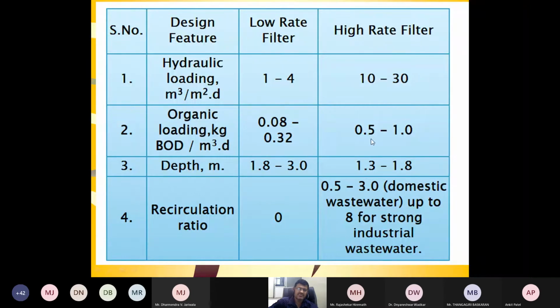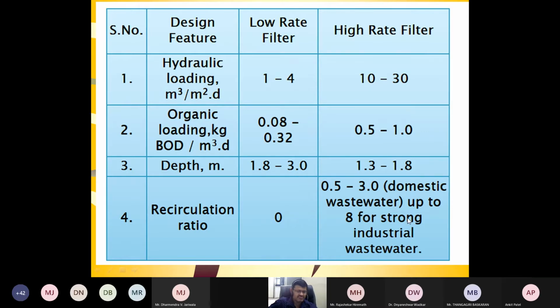High rate filter is made up of plastic media. Low rate filter is generally the rock type of filter. Recirculation is done in the high rate filter. In the low rate filter there is no recirculation because it is so slow that all the degradation will be done as the wastewater comes down.